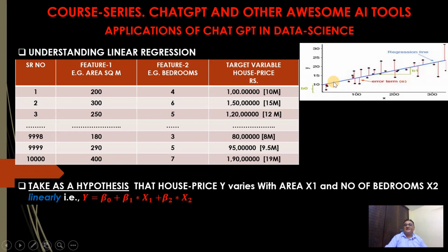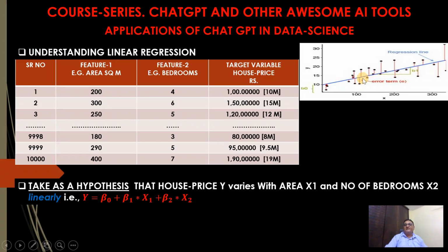This blue line is my line of fit. And I try to find such a line of fit that its distance from these various points is minimum, because these are my predicted values. Blue values are all my predicted values.